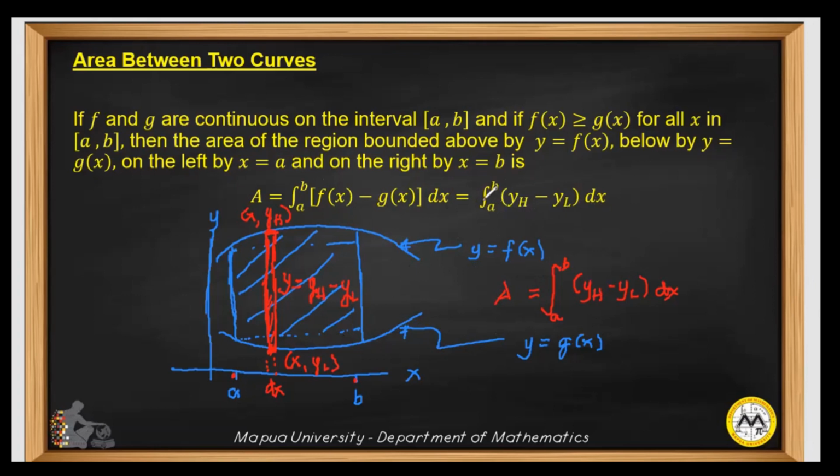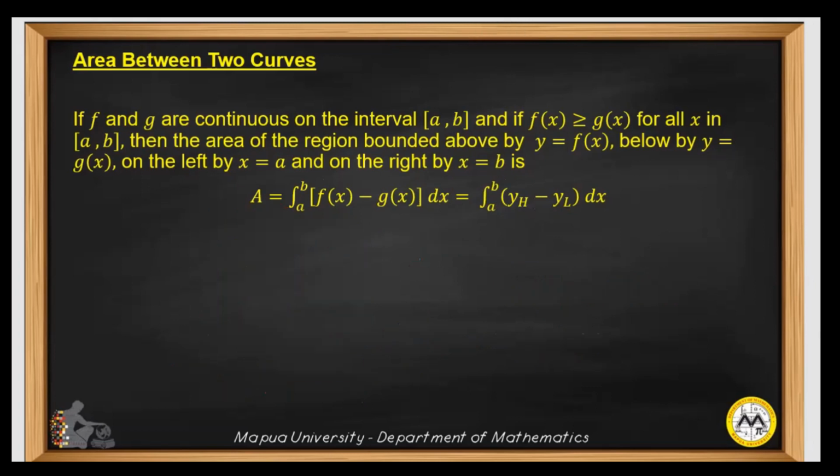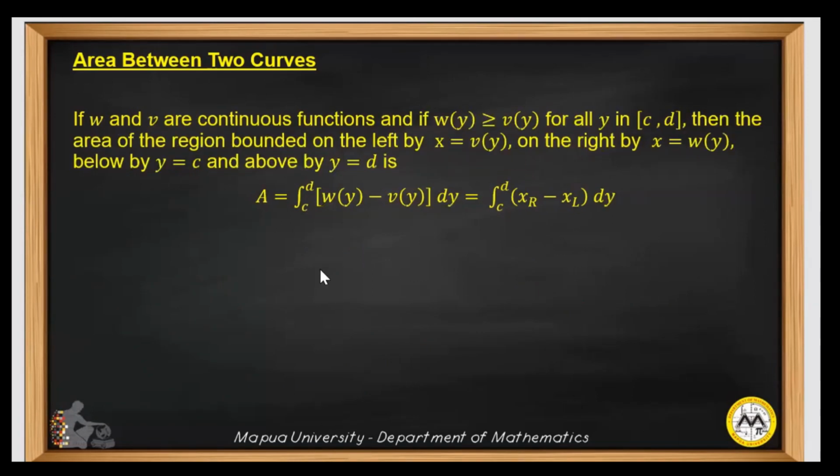Now, on the other hand, if the region is bounded on the left and on the right, let us consider w and v to be continuous functions.